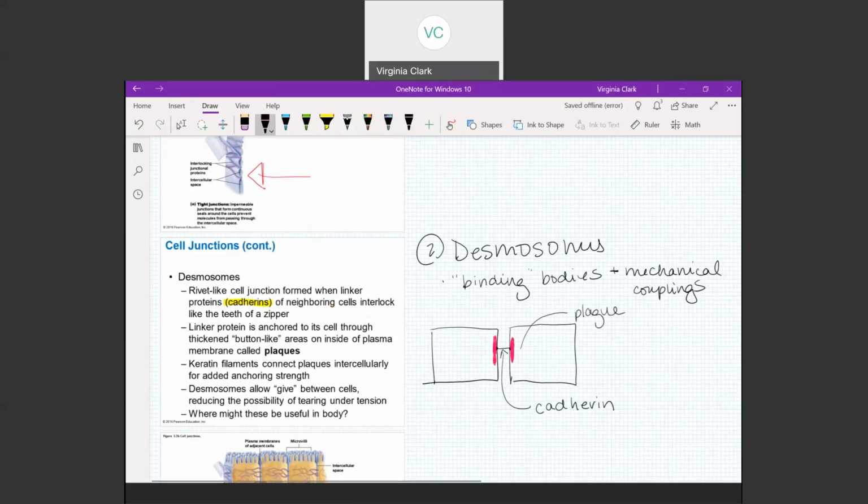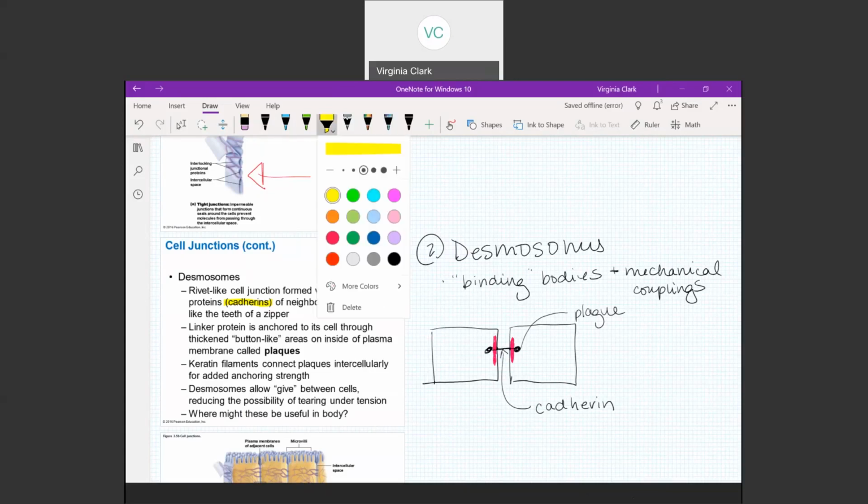And it is a tough, hardened lining that is going to line the inside of the cell. And then you're going to have your cadherin that will be crossing over top of that. So this plaque acts as the washer, where the cadherin acts like the screw, and it will anchor these two cells together. So you need to know about the plaques on the inside of the plasma membrane, and the cadherins are the linker proteins. So those are really, really important.